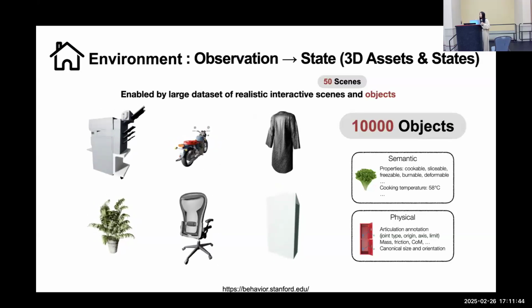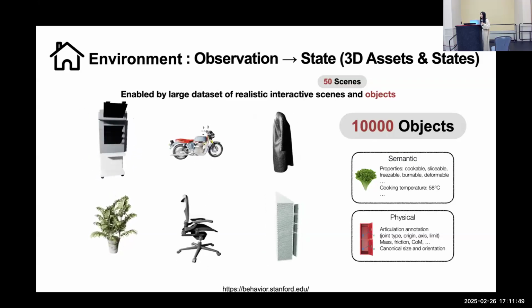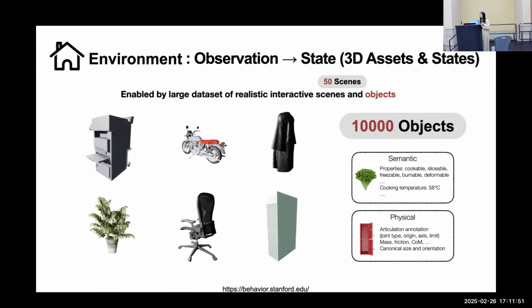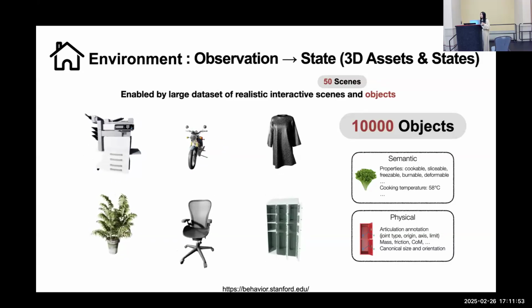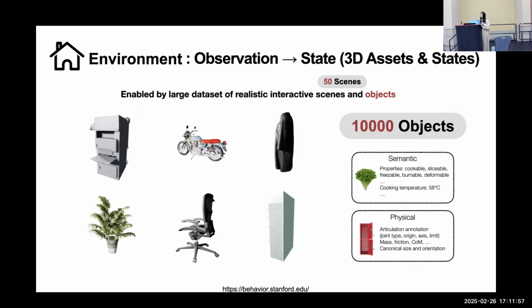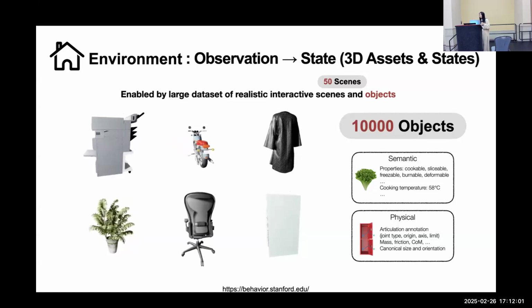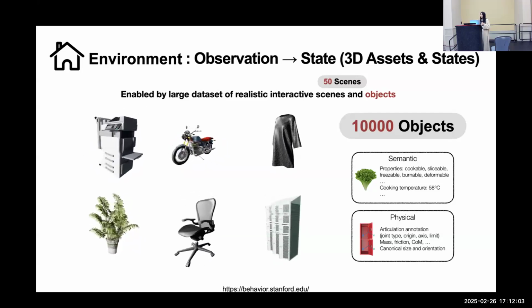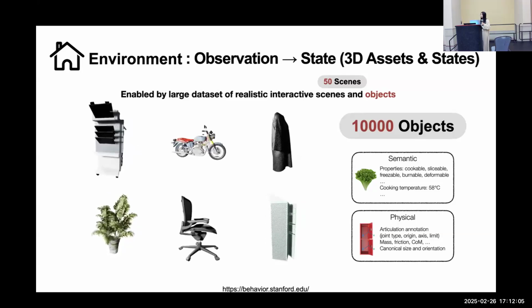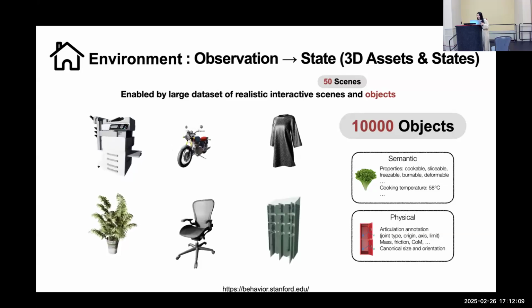The state, on the other hand, is more about the true recognition of all the objects, the object statuses, and how they are connected with each other in this environment. So basically, the observation is more about the rendered images, and the state is more about 3D assets and their states. In this sense, observation is defined as a partially observed scene compared to the real world with all the 3D assets and states.